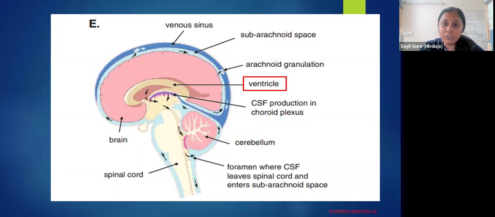These two parts are the main parts where the CSF is produced and where the drug is administered. Other parts are the cerebellum and some foramen, where the CSF keeps circulating, getting distributed to and fro between the brain and the spinal cord.